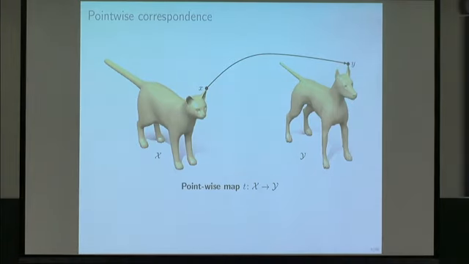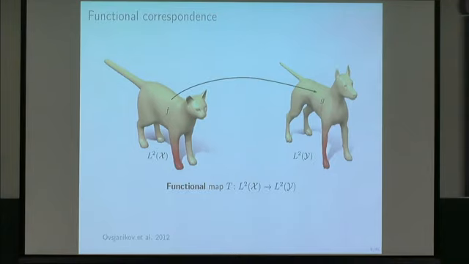So the trivial way of thinking about correspondences between shapes is by modeling the correspondence as a map between 2 manifolds. But this object is very difficult to work with. It's difficult to, for example, solve an optimization problem. It's not even clear how to represent such an object.